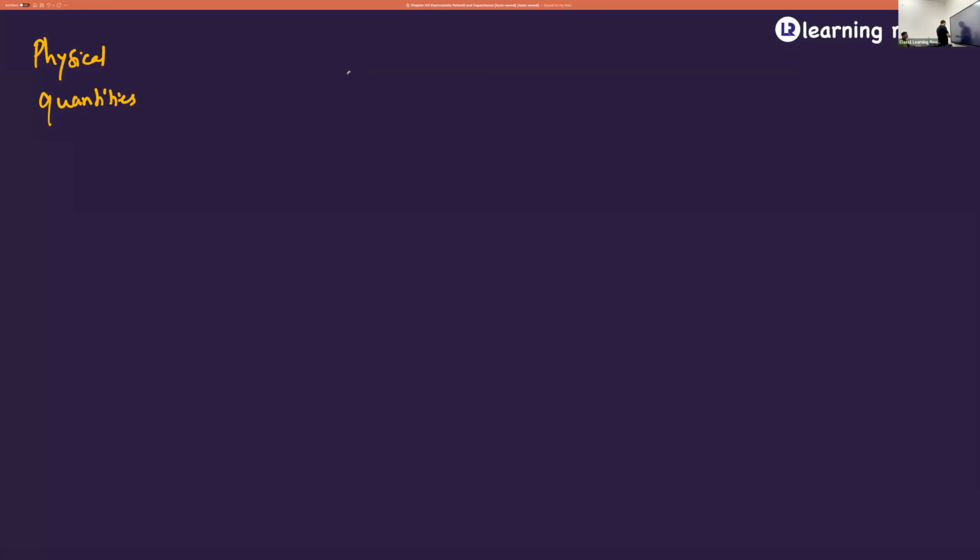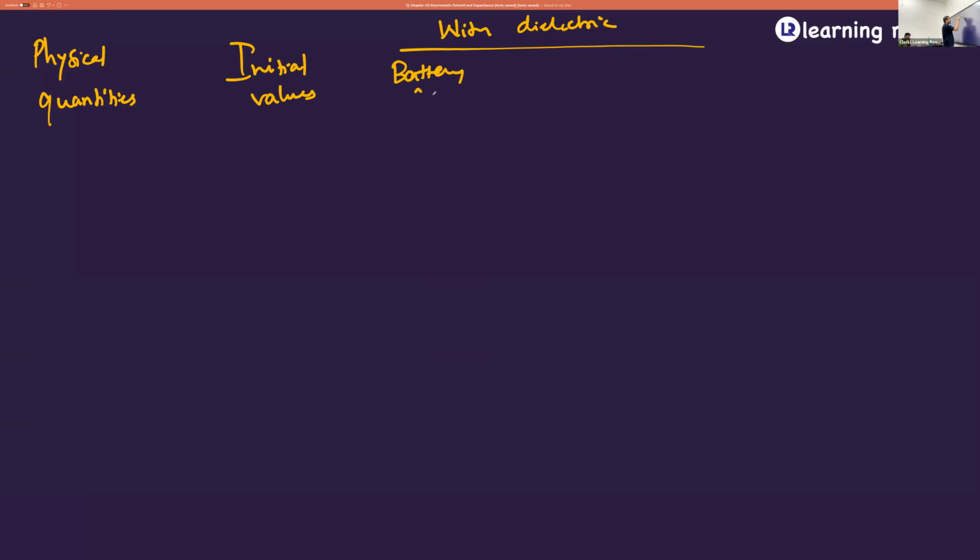See, this concept is not a part of your textbook. Physical quantities, initial values. The next one is with dielectric, where you say battery connected and battery disconnected. Okay, so write down this part.